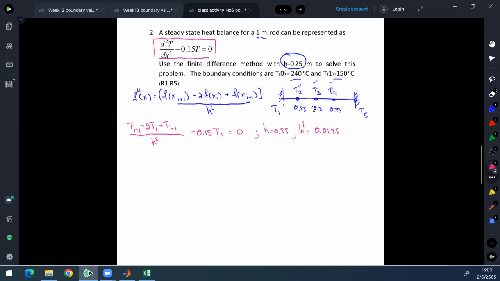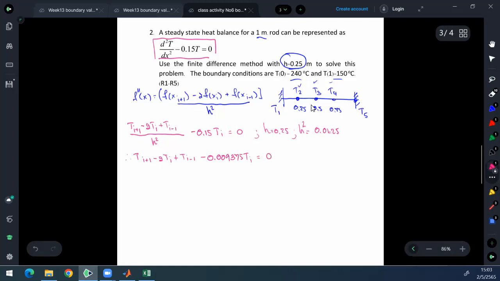After that, when we rearrange this equation, it becomes T i plus 1 minus 2 T i plus T i minus 1, minus, after we multiply h squared on both sides, 0.009375 T i equal to 0, right?